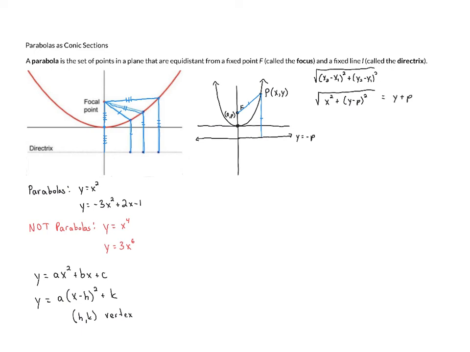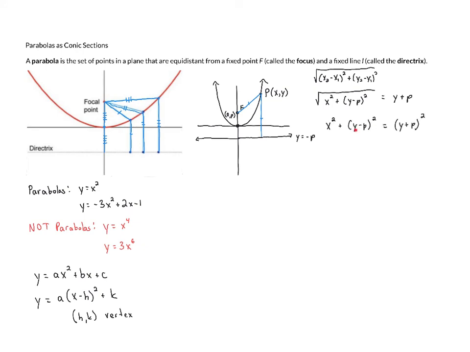And what we're going to do here is we're going to square both sides, and we're going to do a lot of simplifying, and we're going to end up with a much simpler relationship between x, y, and p. If we square both sides, that gets rid of the square root on the left-hand side. And then on the right-hand side, this becomes (y plus p) squared.